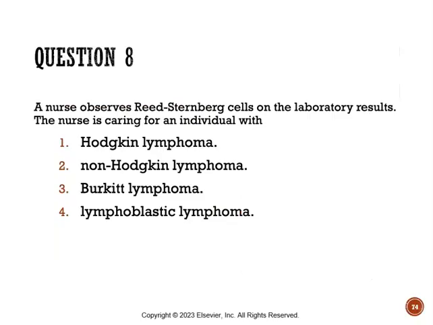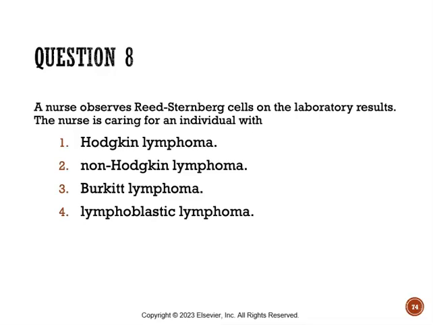And here is a question for you. A nurse observes the Reed-Sternberg cells on a laboratory result. The nurse is caring for an individual with, and I hope you picked this one out very quickly because it's the only one that has these types of cells. The answer is number 1, Hodgkin lymphoma, where we see those popcorn cells or Reed-Sternberg cells.